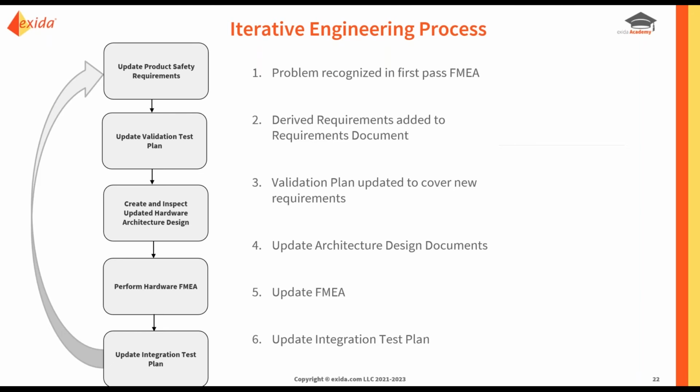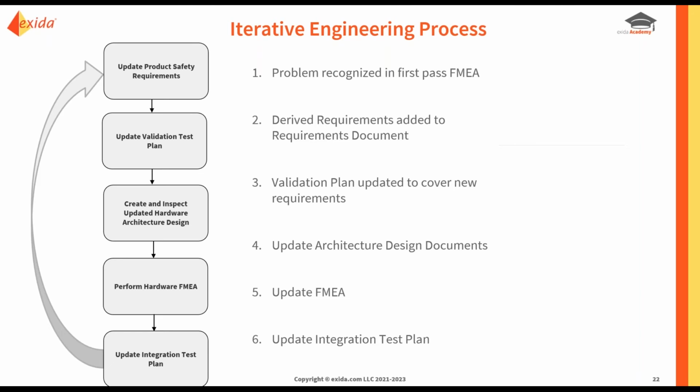And this is a perfect time to remind you that, in my opinion, every development process is iterative. Imagine what we just witnessed. The problem is recognized in the first pass of the FMEA. We added new requirements. We updated our validation plan to cover those new requirements.